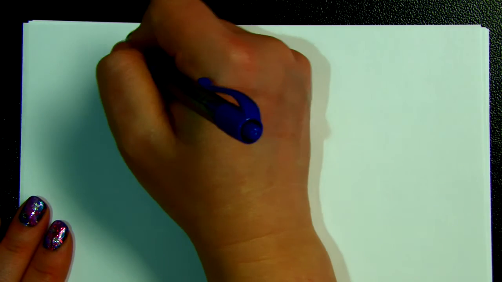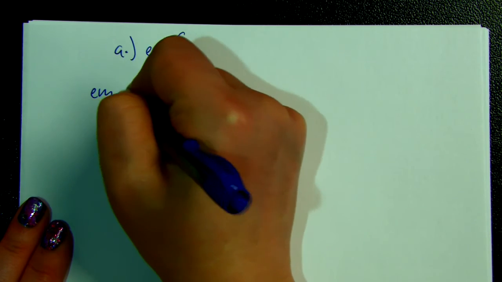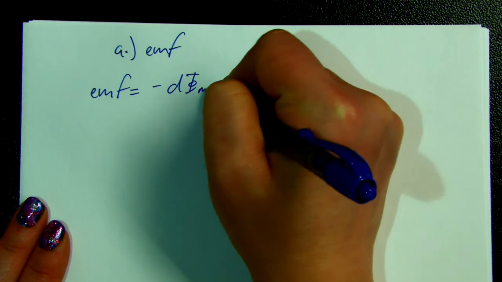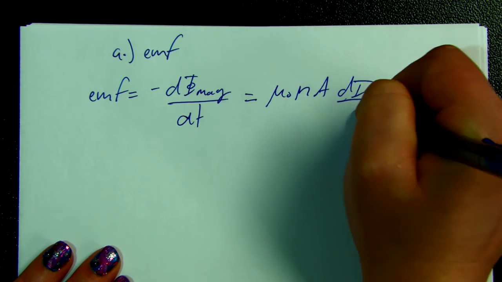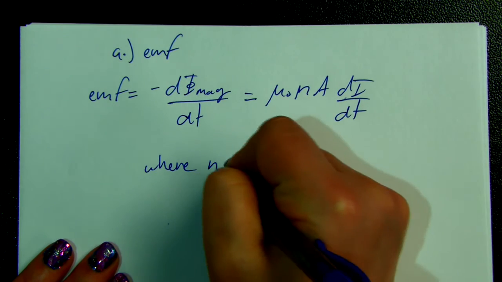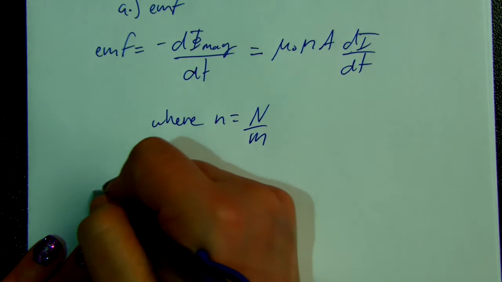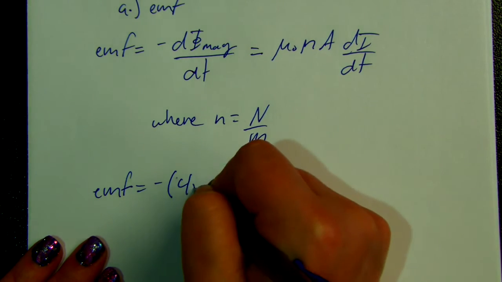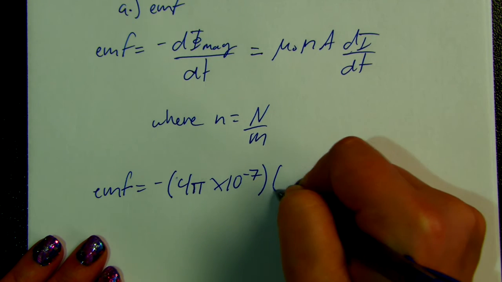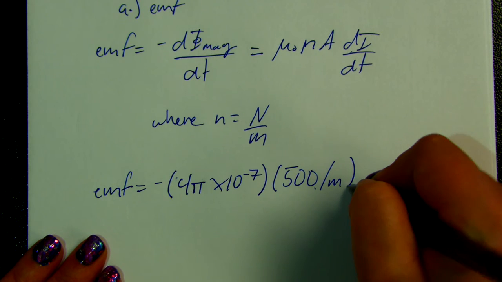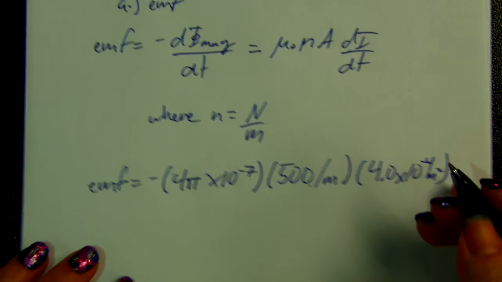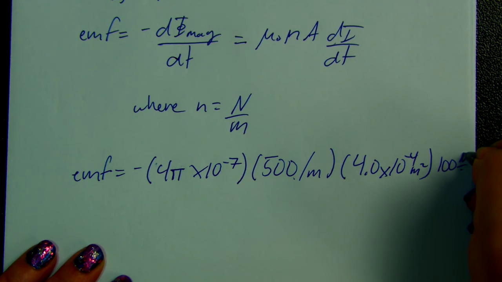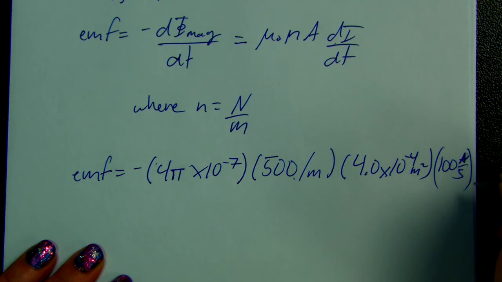EMF is equal to minus the rate of change of the magnetic flux, which is equal to mu naught N A di dt, where N is equal to N over M. So EMF is equal to minus 4 pi times 10 to the minus 7, 500 per meter, times 4.0 times 10 to the minus 4 meters squared times 100 amps per second, which is the rate of change of current.